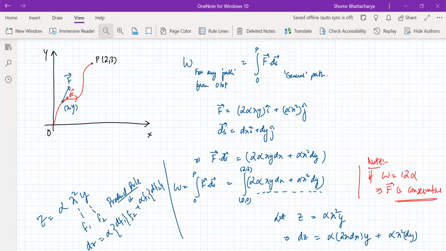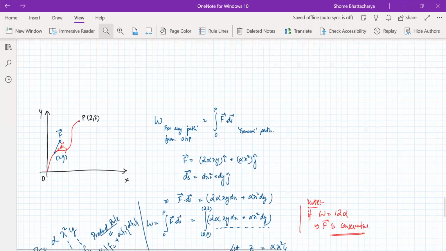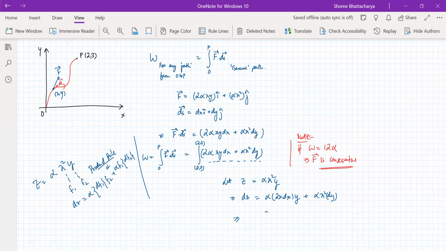So using that, we can see that this whole term is equal to dz. Therefore, the work done becomes integration of dz from the point O, which was 0, 0, to the point P, which was 2, 3.